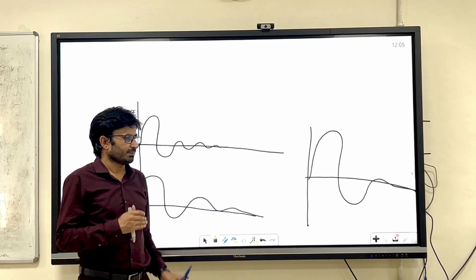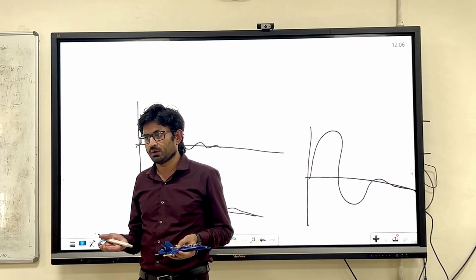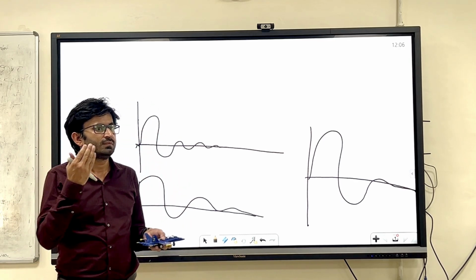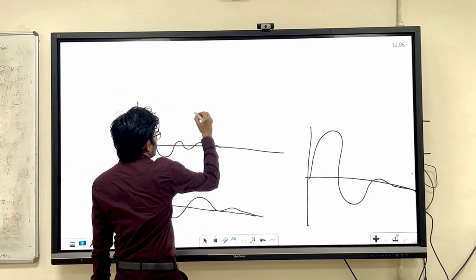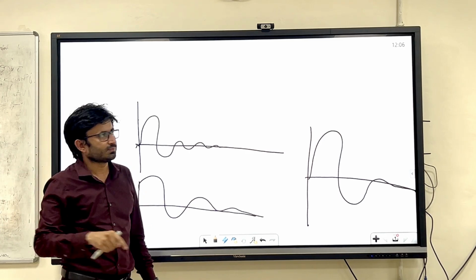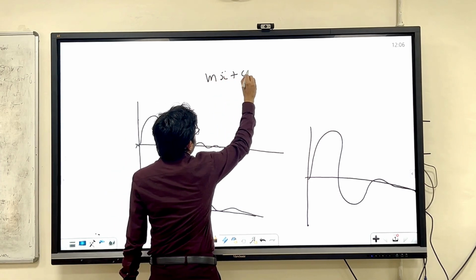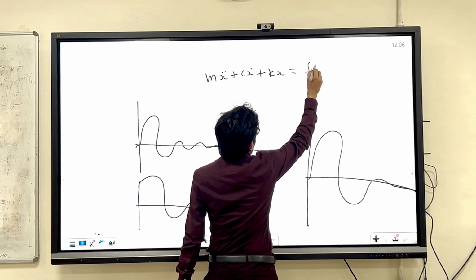And before jumping to the actual aircraft, we have considered the example of a simple pendulum. Now we can consider the example of a spring mass system also, where you can represent the complete spring mass system using a second order equation: m x double dot plus c x dot plus k x equal to f of t.